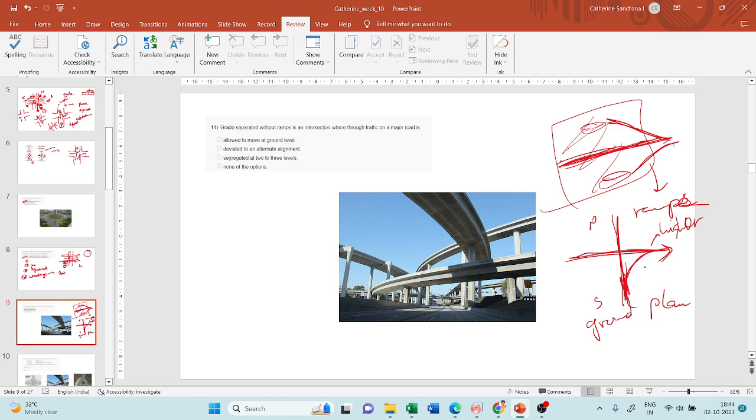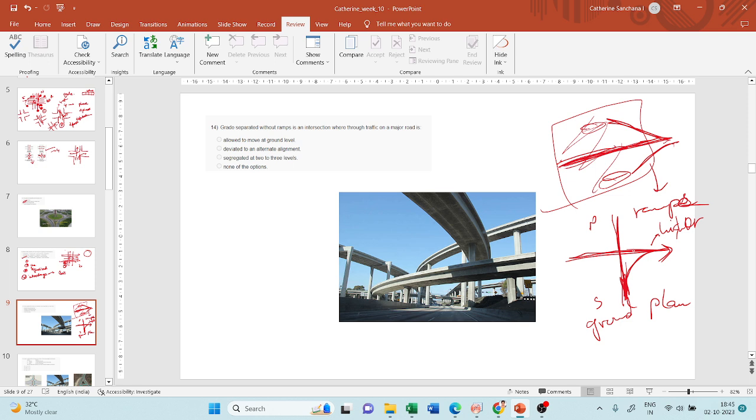A ramp is an inclined road. If you provide a connection from a road at a lower level to a road at a higher level, obviously it will be inclined, and that is what we generally call a ramp. That is the civil definition of a ramp. When you do this, you call it a grade separated intersection with ramps.